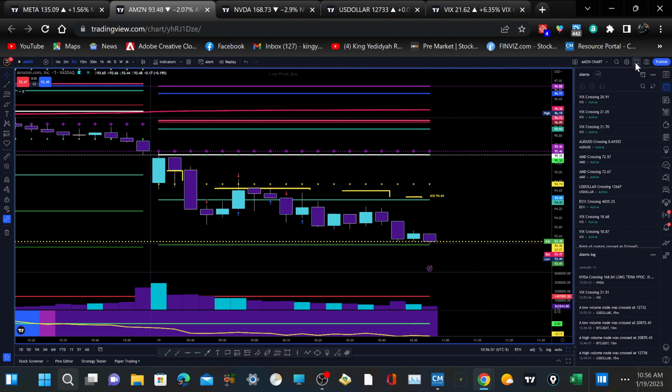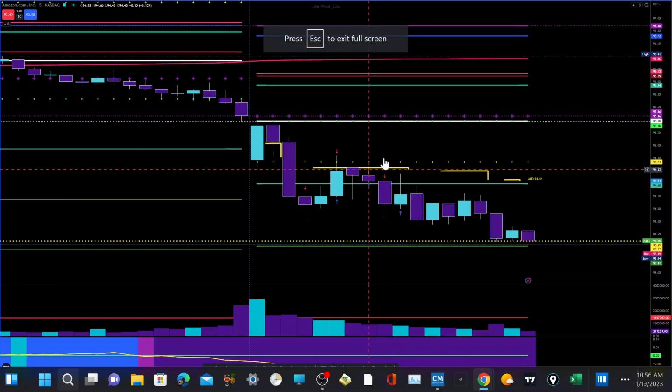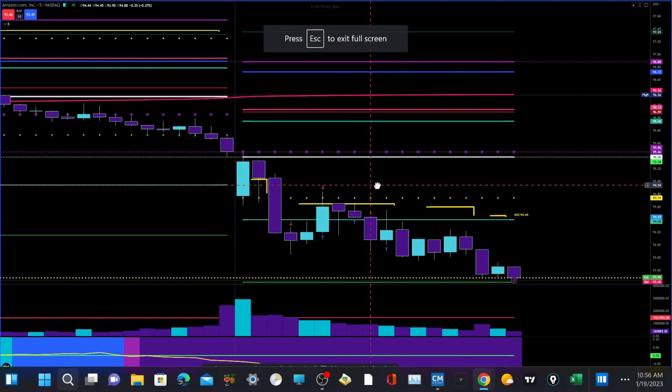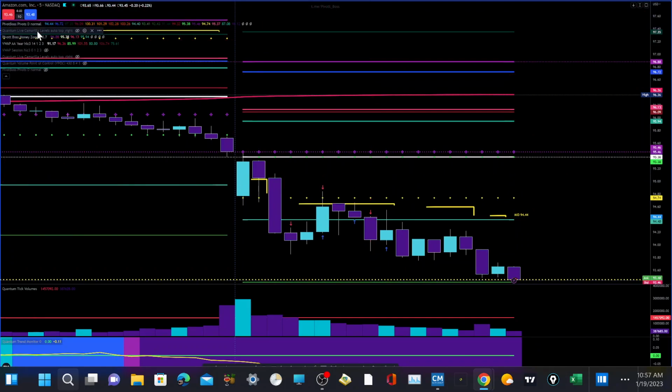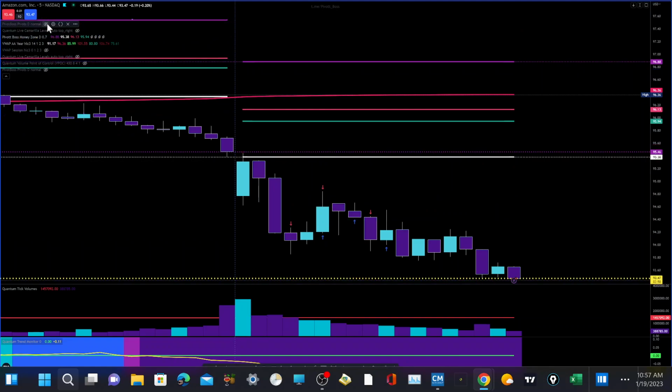All right, then I went over to Amazon. Let's see what kind of setup we got here on Amazon. Right, so the money zone is in an overlapping lower value relationship. Prior day's value area high was up here. Now it's at 96.88, and the value area low is now at 95.38.